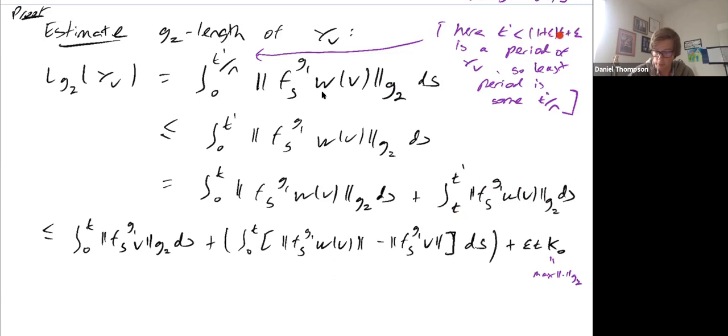So 1 plus epsilon t minus t, that's my epsilon t, and I'm just crudely bounding this with a number that's the maximum on that. Okay, so that's killed crudely. Maybe it should be epsilon t plus epsilon. If so, I'm going to absorb that into the K0.